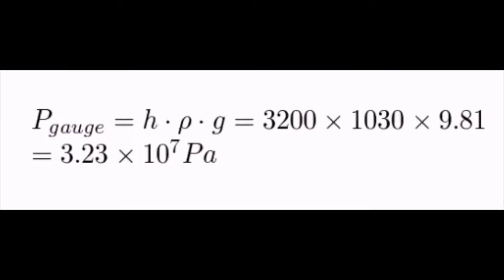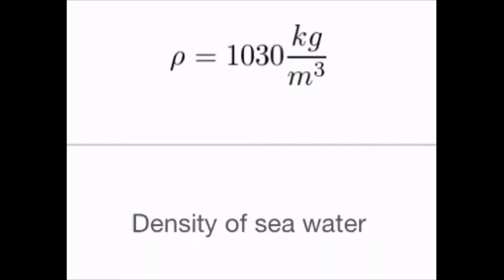To find the gauge pressure, we'll use the formula density times gravity, which is 9.8 meters per second squared, times our height, which is 3,200 meters deep. Since our question states that the density of water does not vary, we will use the density of seawater.